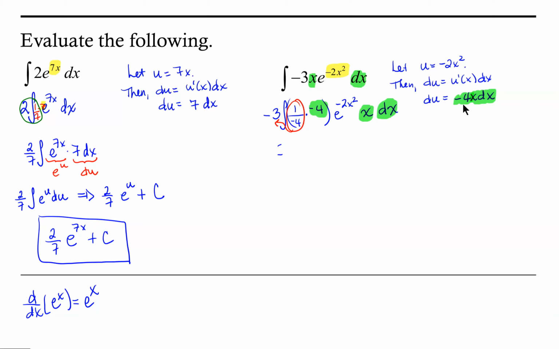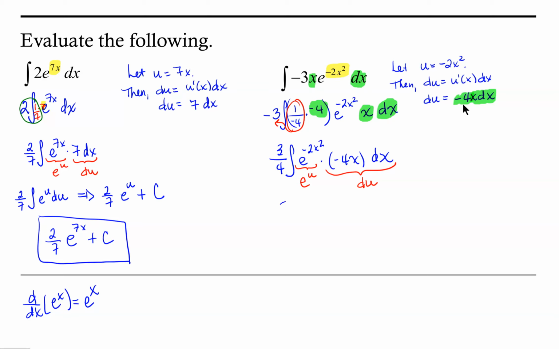So we get positive 3/4 antiderivative of e to the negative 2x squared times negative 4x dx. And now we're ready to transform our integral from involving a variable of x to a variable of u. So this negative 4x dx becomes my differential du. And this e to the negative 2x squared becomes e to the u.